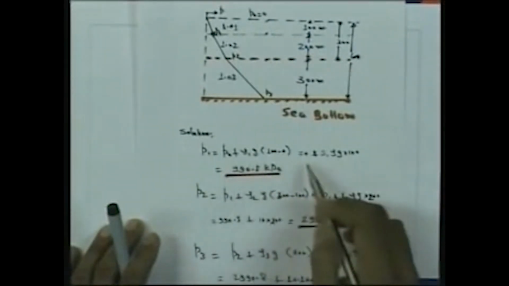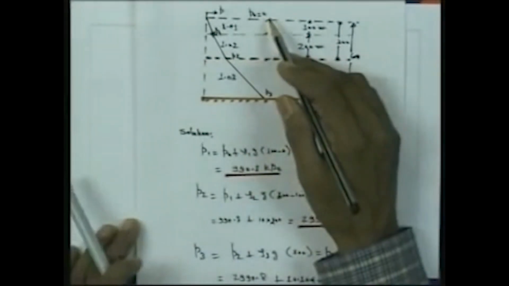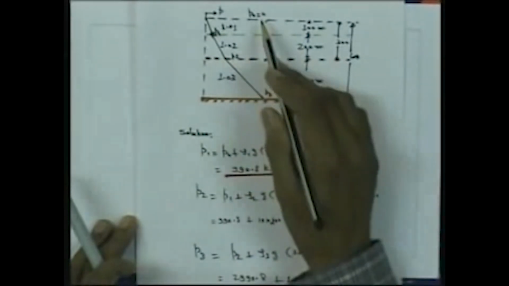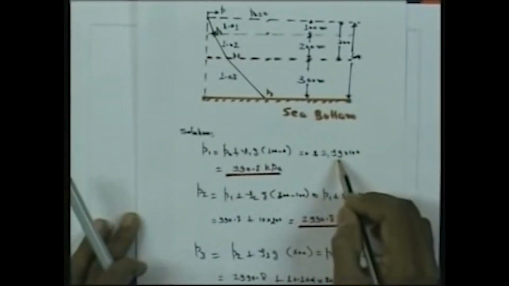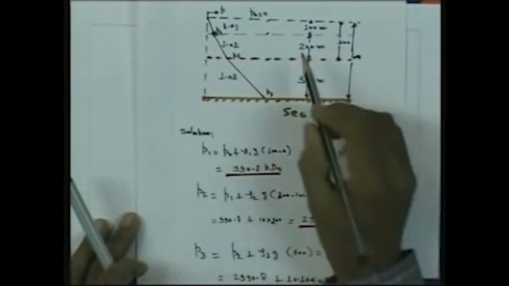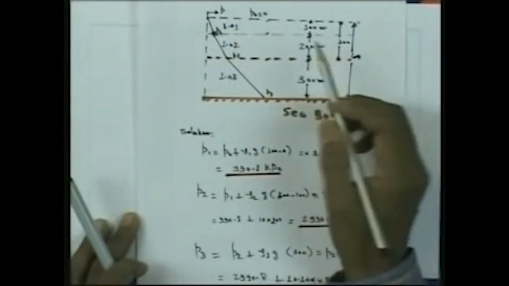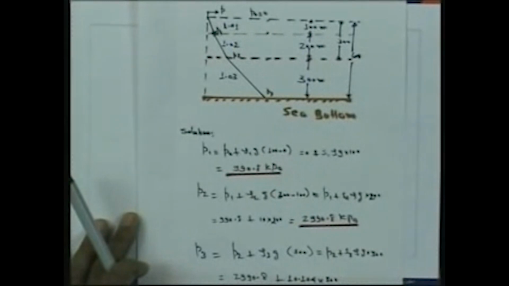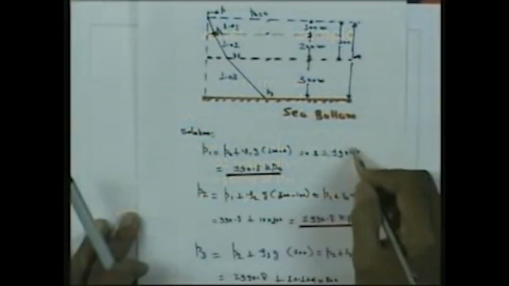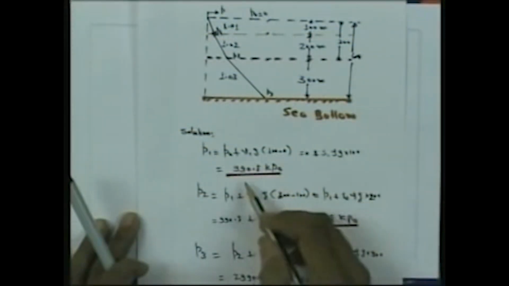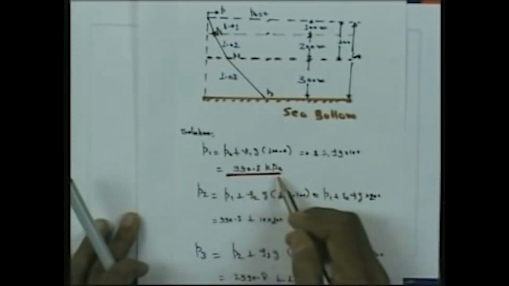Since the atmospheric pressure as per the problem is assumed as P0 equal to 0, we get 0 plus S1 into rho g into 100. Here it is given as 1.01 as the specific gravity of the first constant density layer. So, g is 9.81 into 1.01, and finally, multiplied by 100, we get 990.8 kilopascal.